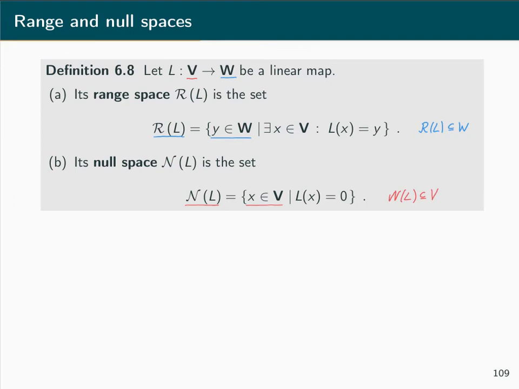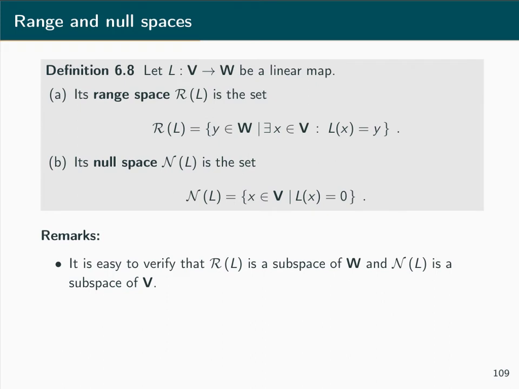Therefore, the range space and the null space of a linear operator can generally not be compared because they live in different vector spaces, unless V and W happen to be the same vector space, which is an important special case that we will consider in detail in a later part of this lecture.